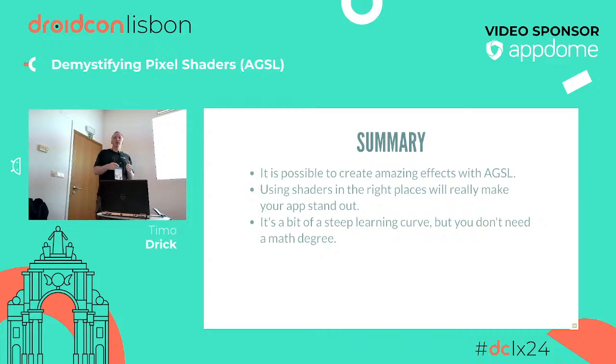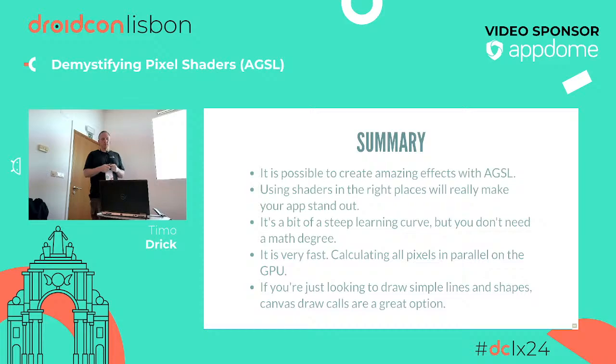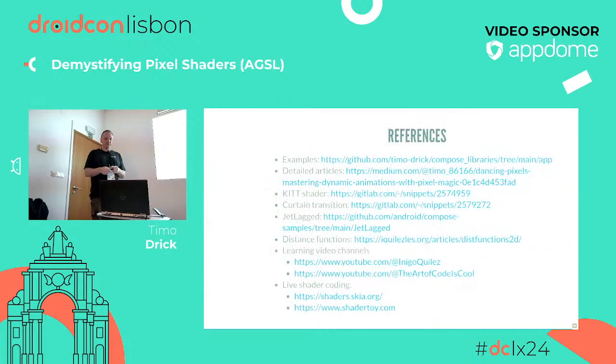So you have to use a different math. But it's very fast because it runs directly on the GPU and in parallel for every pixel. But when you just want to draw a circle or simple shapes with lines and do not want gradients and smooth transitions, then maybe it's easier to use the draw calls from the normal Canvas API.